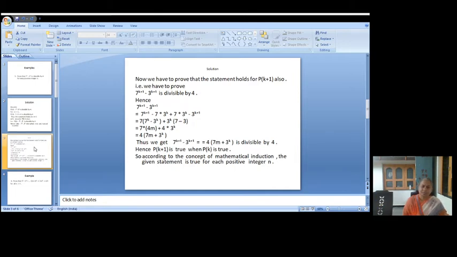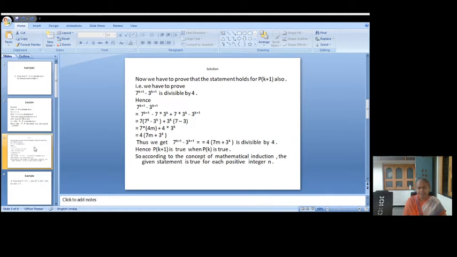Now here 4 is the common term, take it outside, and therefore 4 in bracket 7m plus 3 raised to k is there. And thus we get 7 raised to k plus 1 minus 3 raised to k plus 1 is nothing but 4 in bracket 7m plus 3 raised to k.